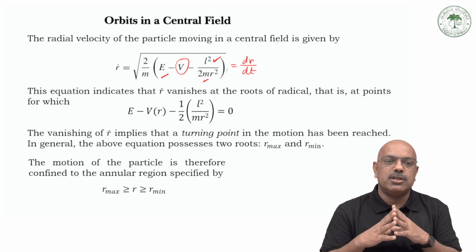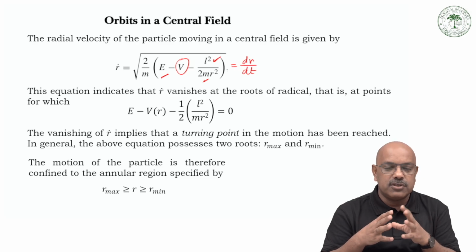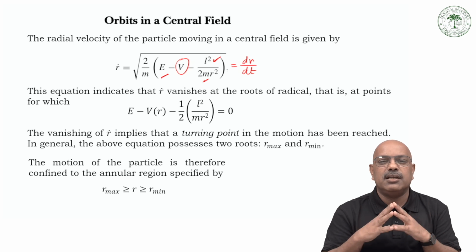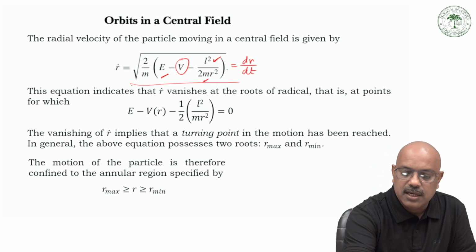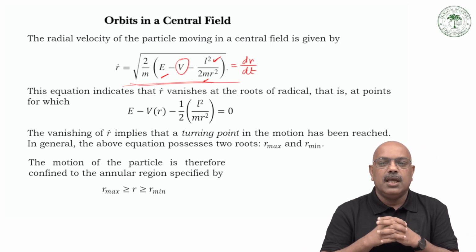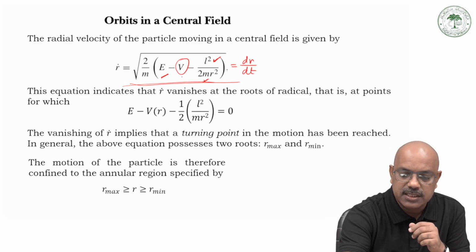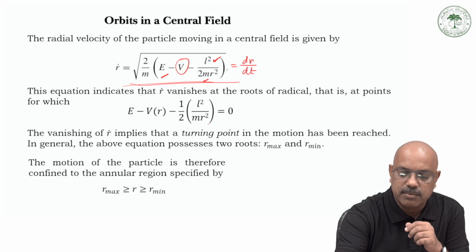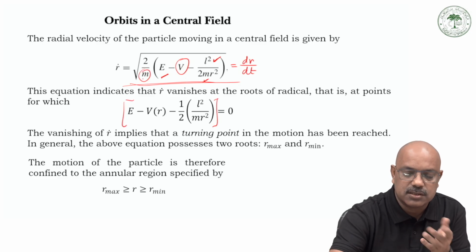This equation basically indicates that r dot, dr by dt, vanishes at the roots of the radical. This radical is going to vanish at two roots, that is, at points for which the factor E minus V minus L square by twice m is going to be 0, because the mass is not going to be 0.